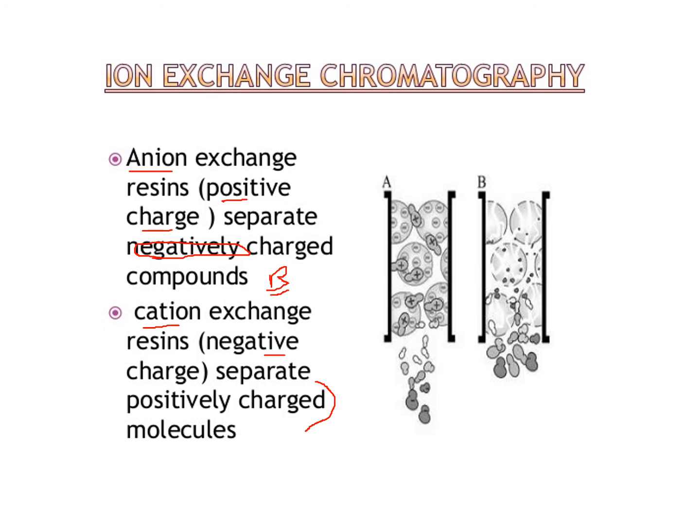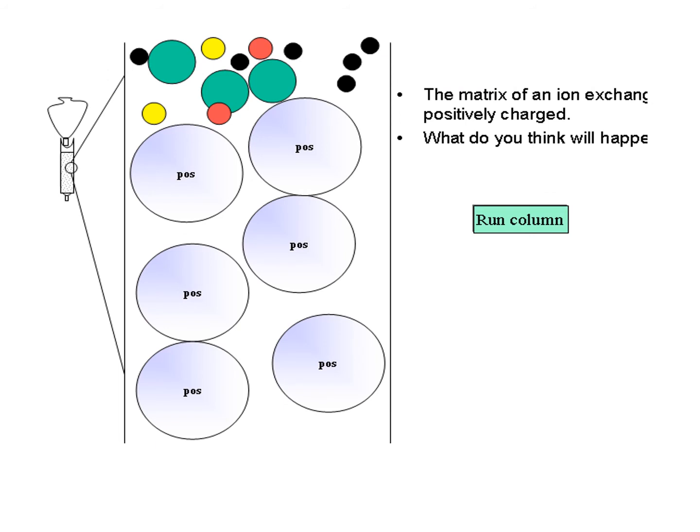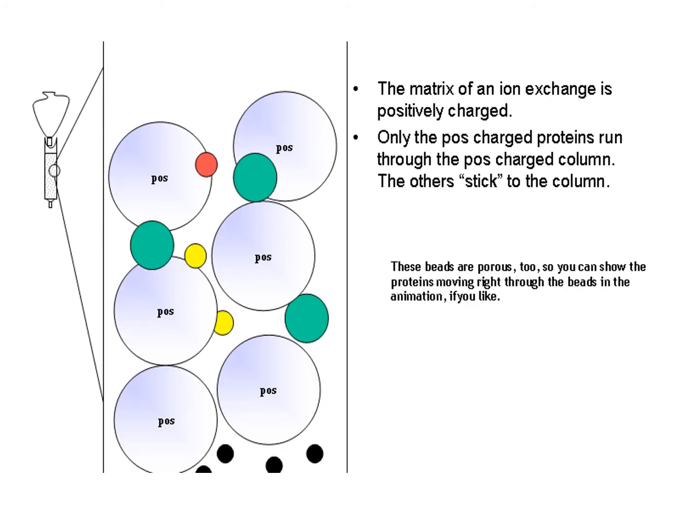And you can also have pores in there as well, so you get the charge and a size effect with ion exchange. So this is the positively charged resin, and here are the different proteins, and the matrix is positive. Only the positive proteins run through, because if they have a positive charge and the resin is positive, then guess what?